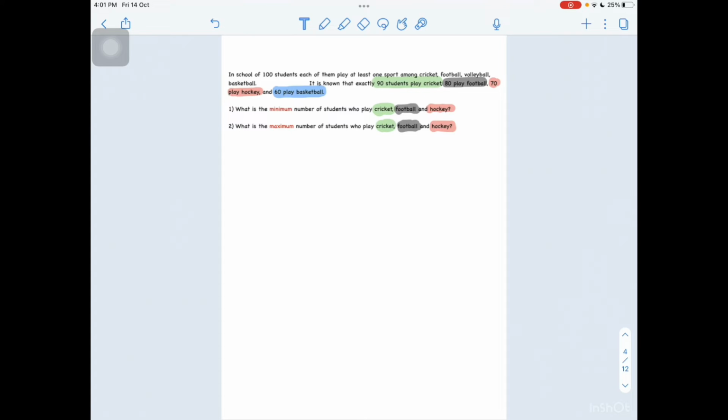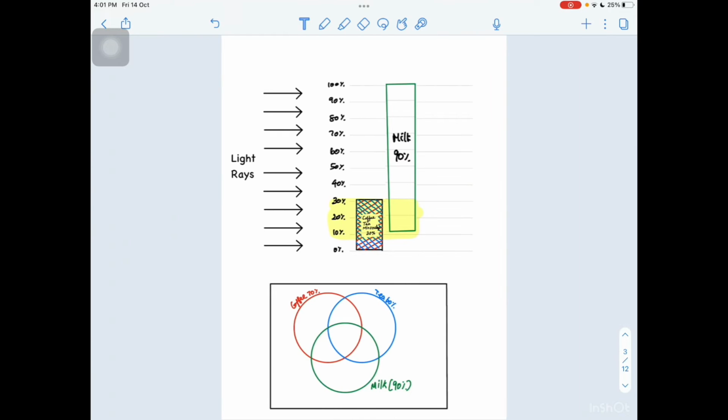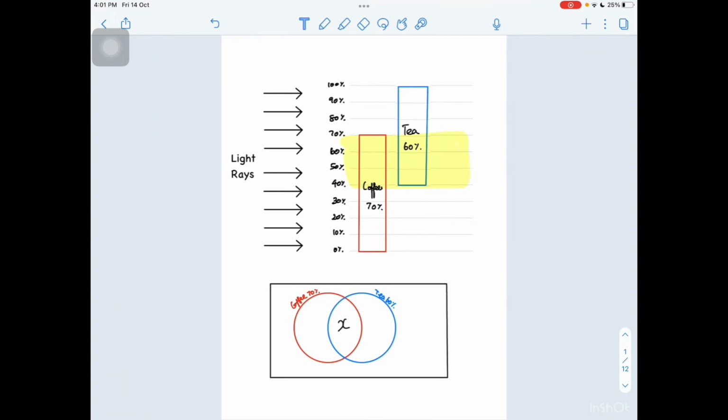But before we enter into this problem, we should remember that the previous problem allowed us to have certain people not drinking any of the drinks. In this previous problem, there were 4 regions and people belonged to all 4 regions. There were people who drank both tea and coffee. There were people who drank only coffee but not tea. There were people who drank only tea but not coffee, and there were people who drank none of the drinks, right?